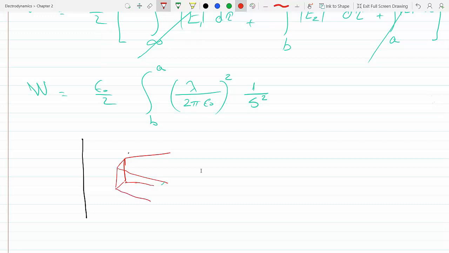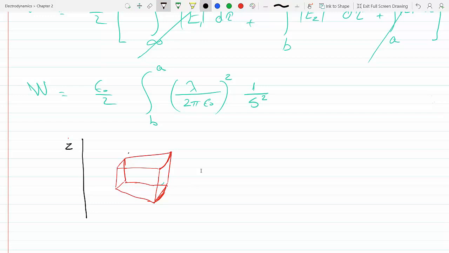Something like this. Right, so let's say that this is a piece of the cylinder. Technically this is a little bit curved here, right? This is the z-axis here.